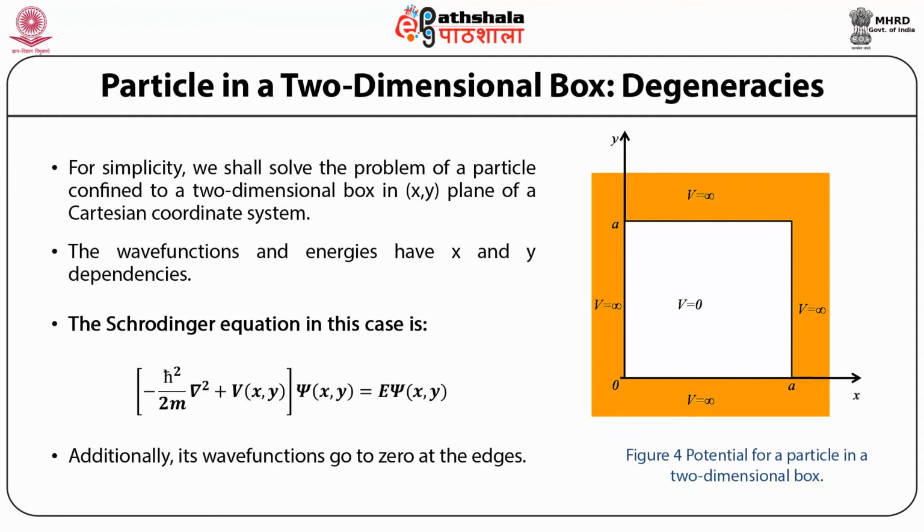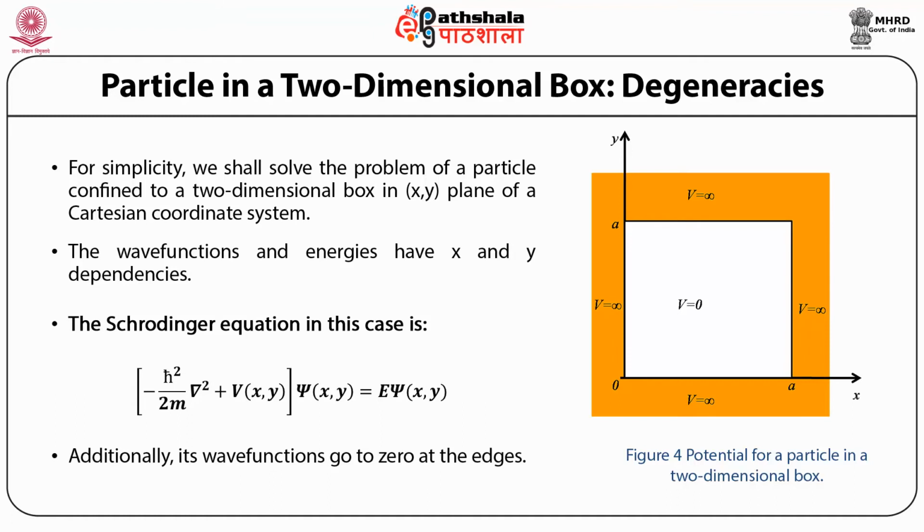So putting the value of del squared in the equation, it becomes minus h bar squared by 2m multiplied by (del squared by del x squared plus del squared by del y squared) plus V(x,y) multiplied by psi(x,y) equal to E psi(x,y). We assume the potentials and the boundary conditions as shown in this figure.